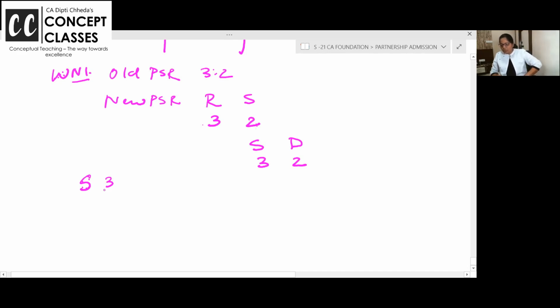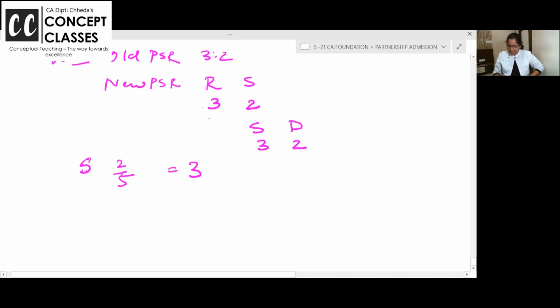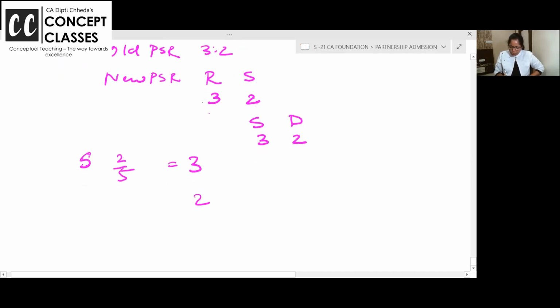Storm's ratio is 2/5. Rain is 3/5 and Storm is 2/5. 3 is Storm's share, so for 2 how much is Dust's? If you feel you are doing something very out of the way, put your pens down. I will give you time to copy.